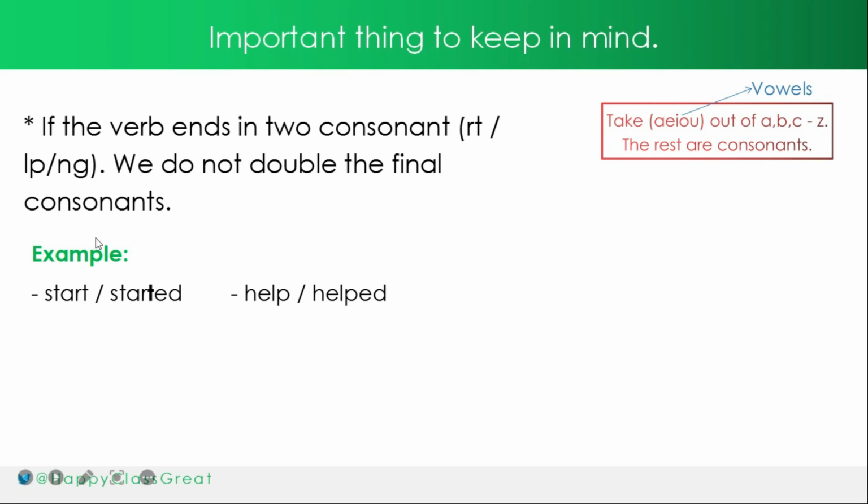So when we see a verb like that, we do not double the final consonant. That means the final consonant, which is t here, you do not double it. The correct spelling of the simple past of start is started with only one single t, not double t. And the same thing with help. We have lp because l is a consonant and p also is a consonant. So we are not to double the p, because this is an exception.